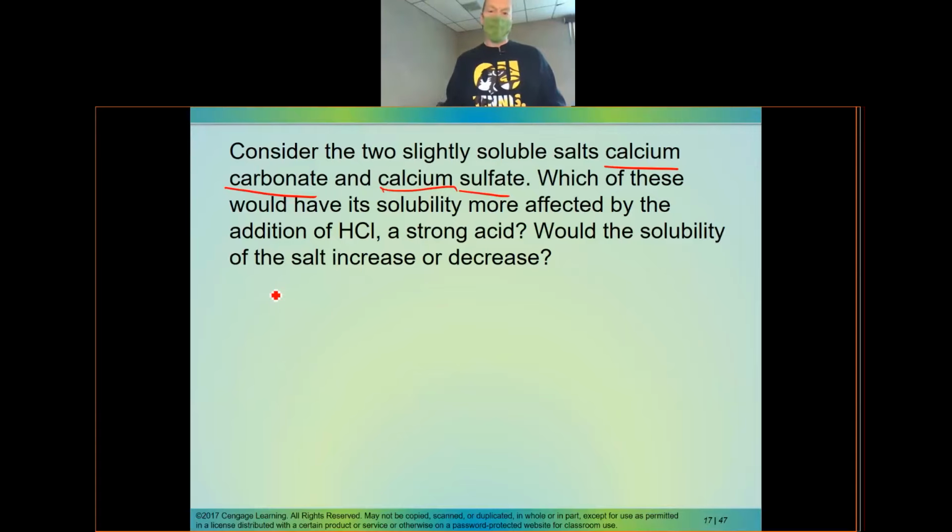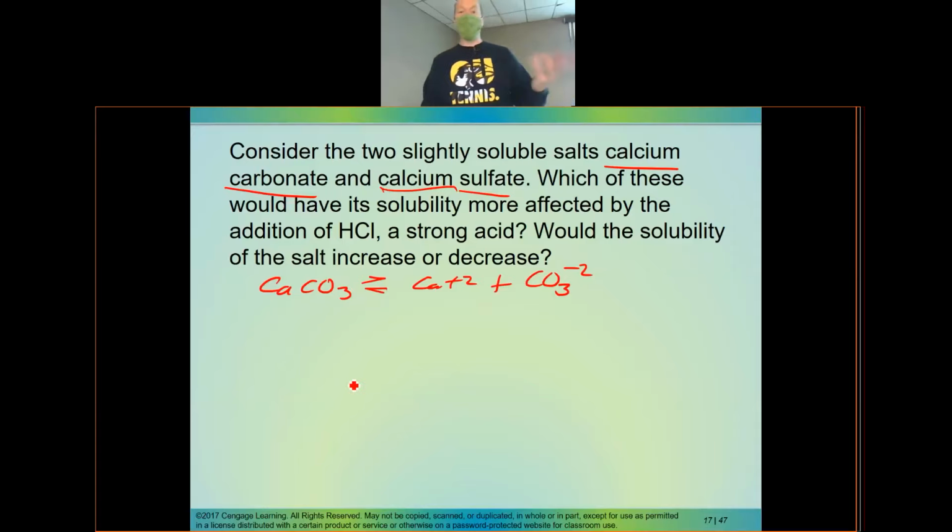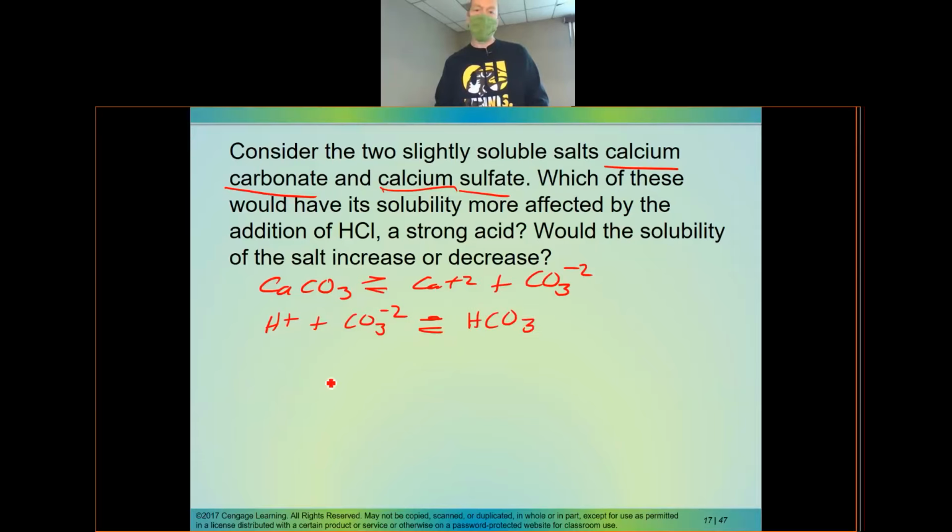When you have CaCO3 going to Ca plus 2 and CO3 minus 2, you actually have two reactions going on. When you add acid, you have H plus reacting with the CO3 minus 2 to form HCO3 minus, and then the H plus also reacts with the HCO3 minus to form H2CO3.